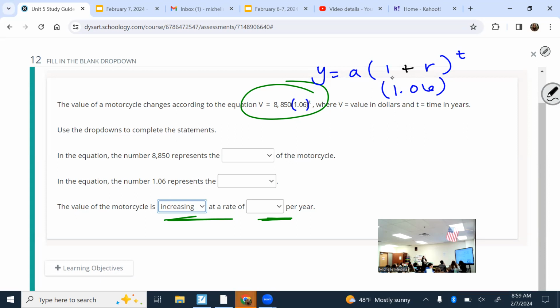What is my R? .06. And remember, when we would normally plug in values for R, we went from a percent to a decimal. Now we have to go from a decimal to a percent. So how can I convert that to a percent? Multiply by 100%. And when you do that, what's the equivalent percentage?